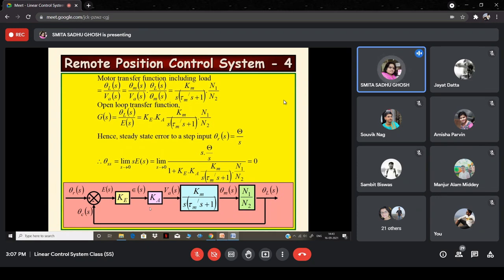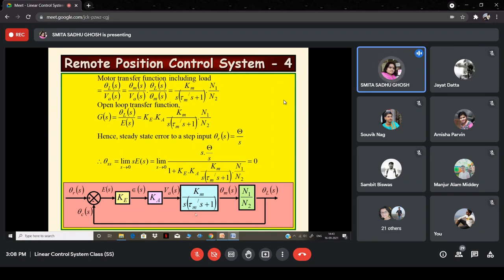Next, we have the amplifier. The model we know is Va equal to K into epsilon, so this block completes that model. Next, we have theta m by Va, which is the armature-controlled DC servo motor. The model that we have just derived is given over here, the simplified model. You could also have put the overall third order model, which is a bit more complicated, if your armature inductance is not negligible.